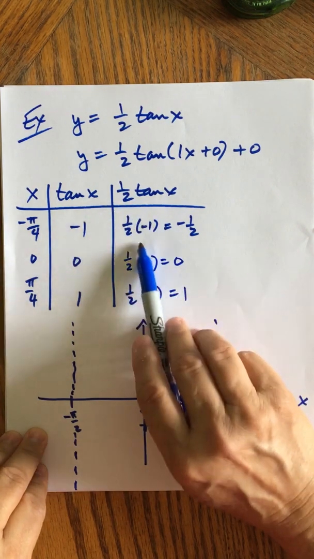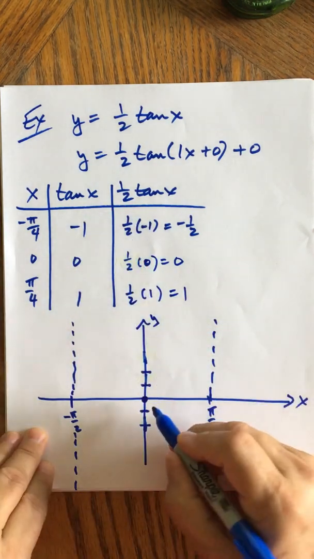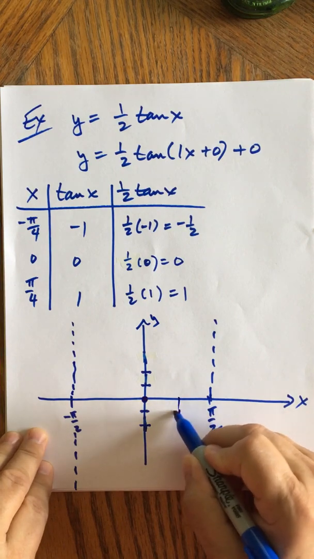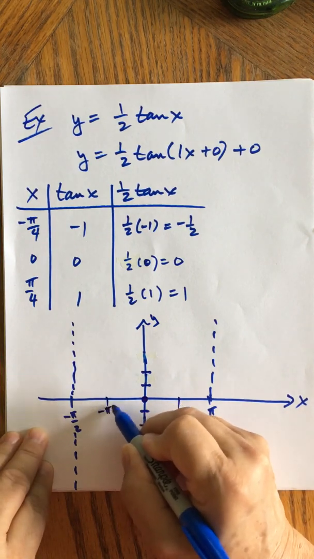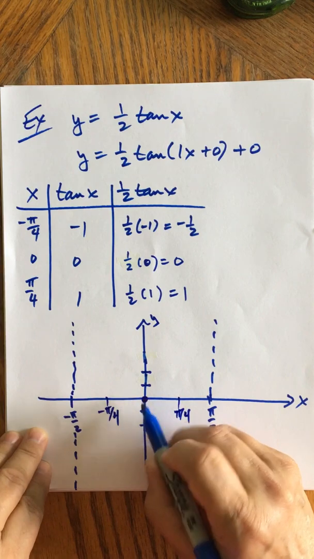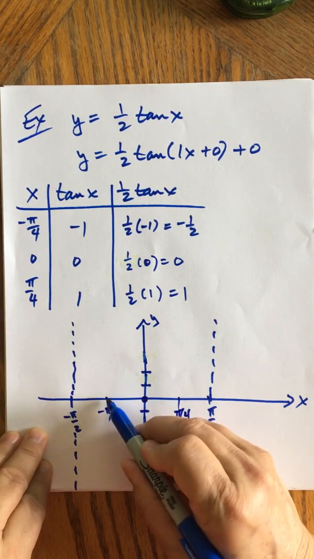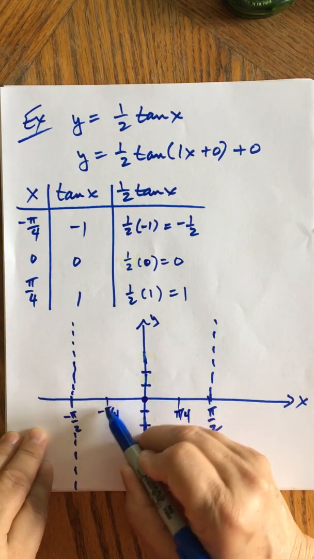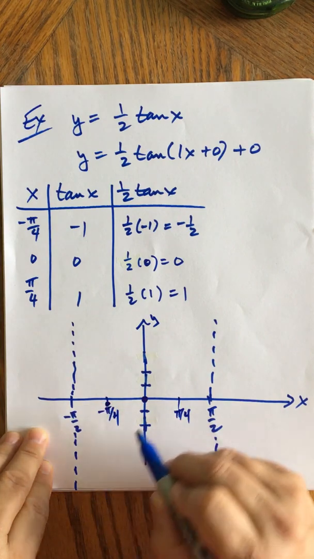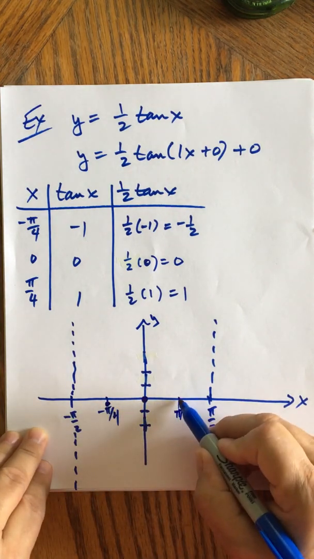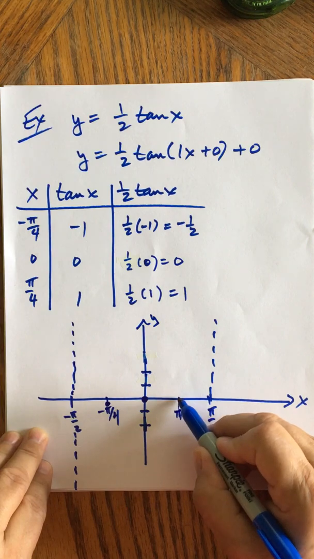But now it gets multiplied by half. So what happens is normally, if I'm here at pi over 4 and here at negative pi over 4, I would go negative pi over 4 and I would be down here at negative 1. But now I'm only at a half here. And then I normally would go over pi over 4 and up 1, but I'm only going to go up half as much.